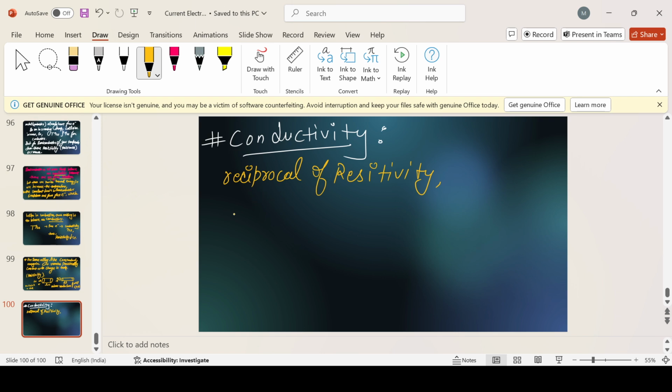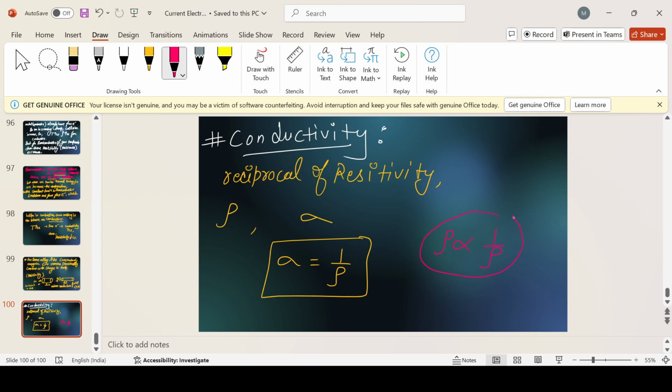Like we have resistivity denoted by rho. Okay, so conductivity has been denoted by sigma. So it becomes sigma is equal to 1 upon rho. That means sigma is inversely proportional to rho.